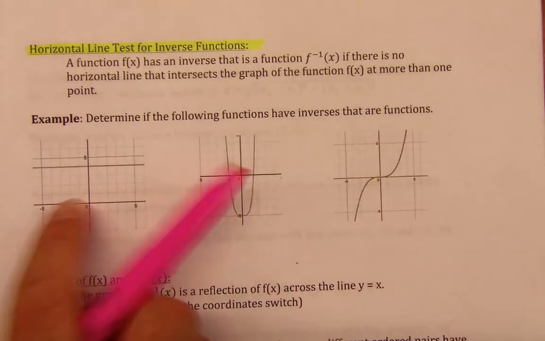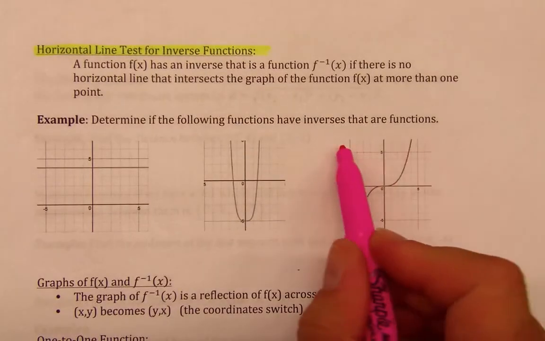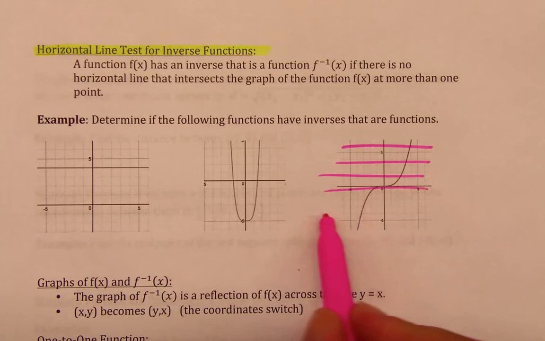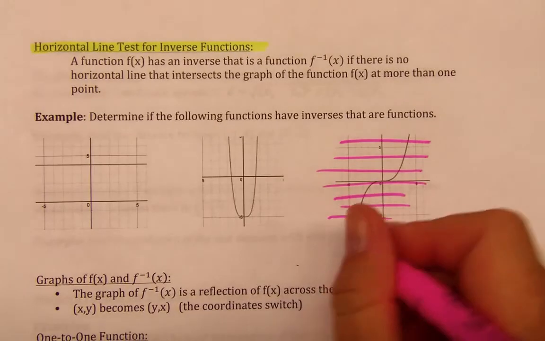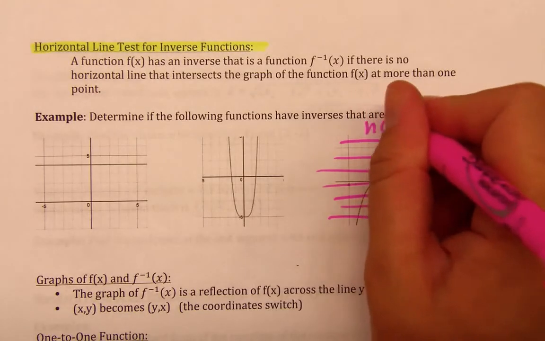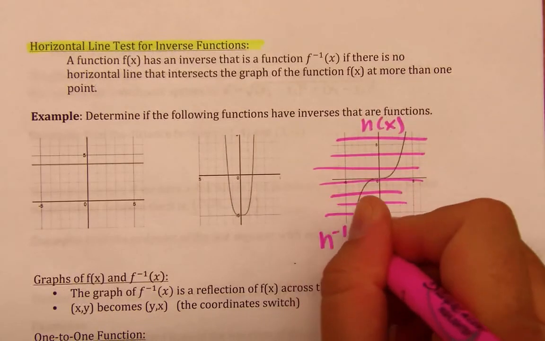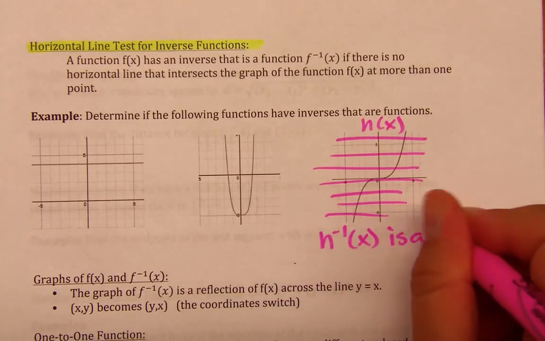So looking at, I'm actually going to skip this one, I'll do that one last, but looking at this one over here, every horizontal line only hits once. So this is a function. If we call this function h of x, then h inverse, or inverse h of x, is a function.